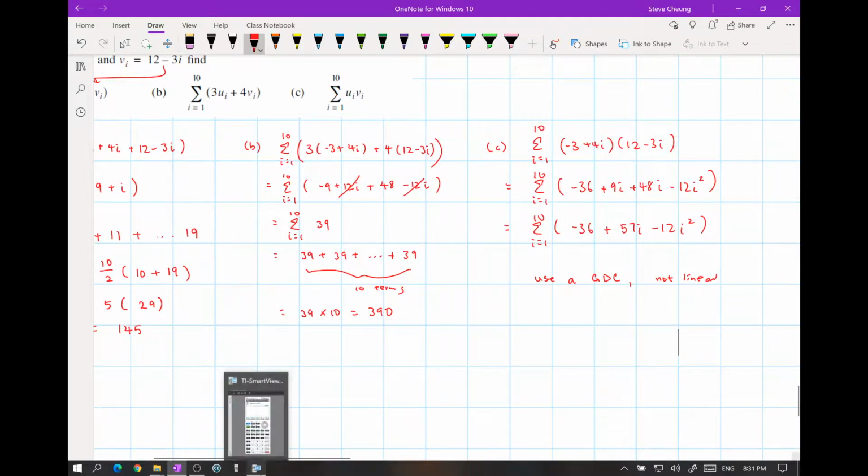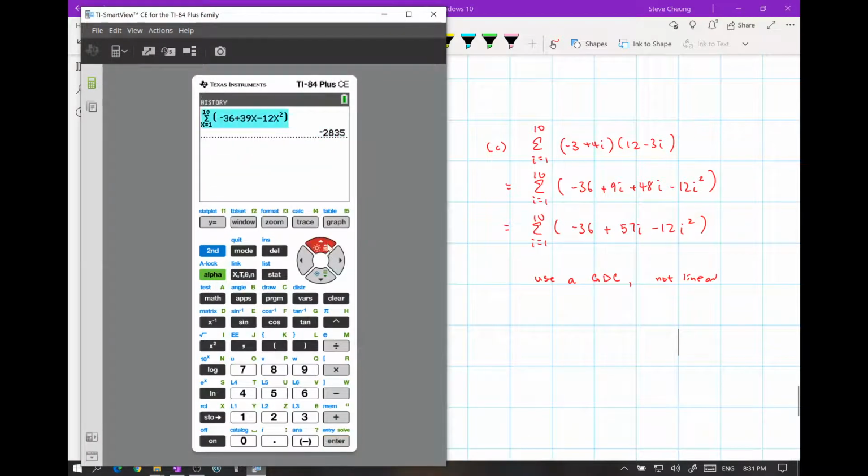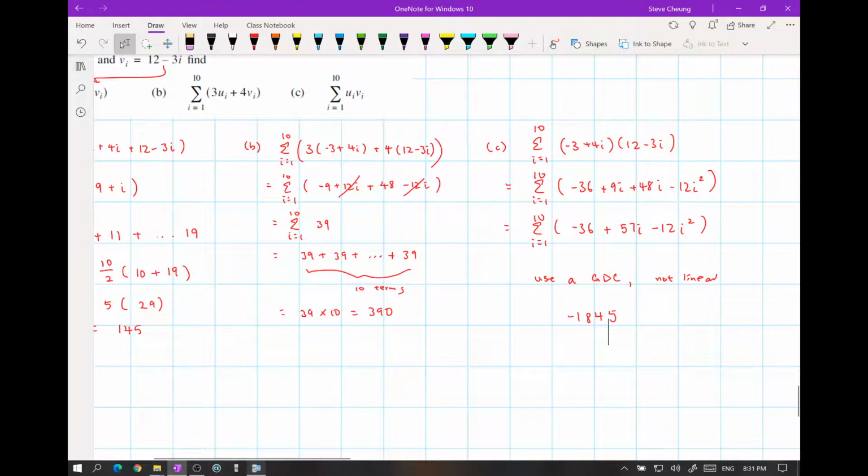So let me replace that with 57 and see if it checks out now. 5, 7. Yes. So the sum is that. Okay. I mean, there is a way to actually calculate a quadratic sequence, but we don't cover it in this course, neither in the HL content.